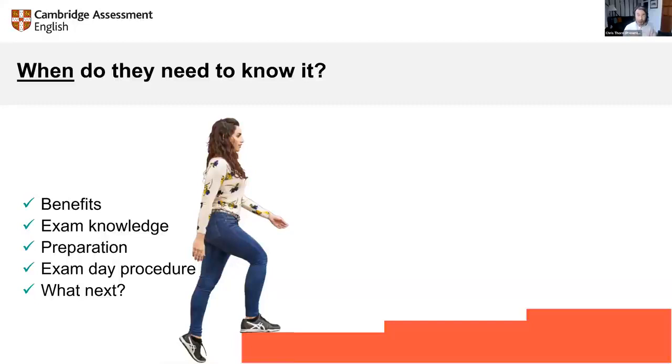To help you prioritize and maybe organize the exam content that you're going to share with learners, it's helpful to think of when they'll need it. So consider, will they need it when preparing for the exam?